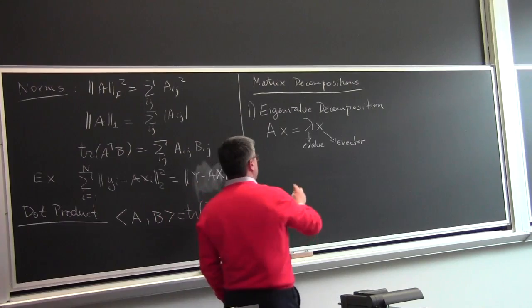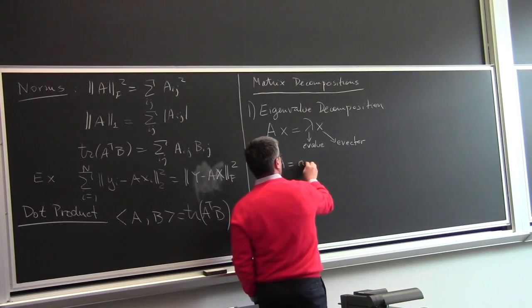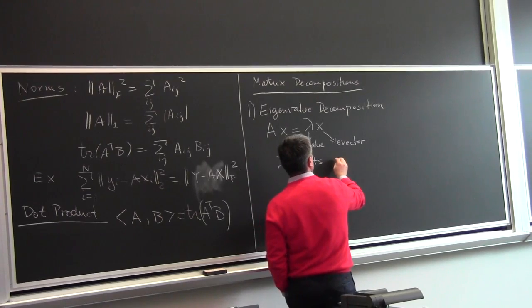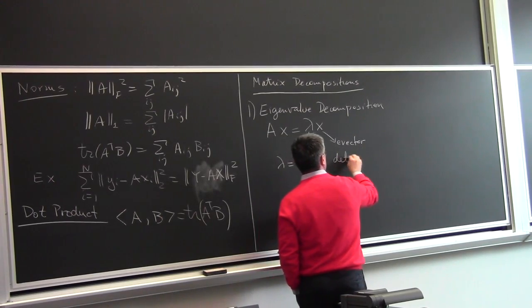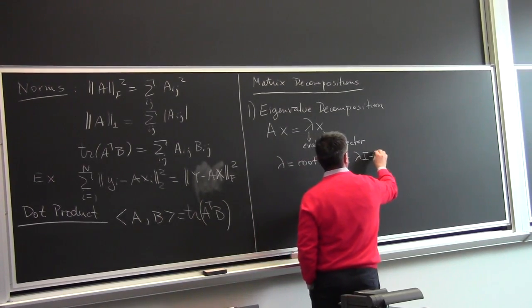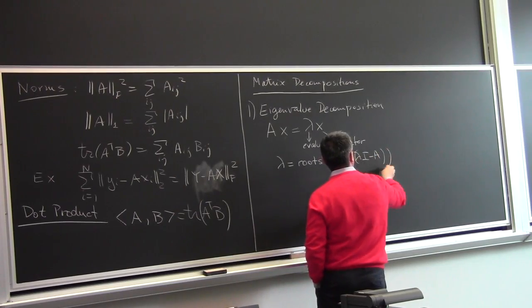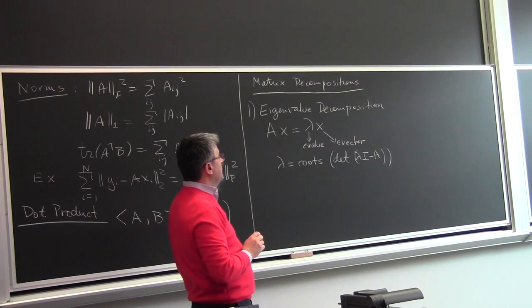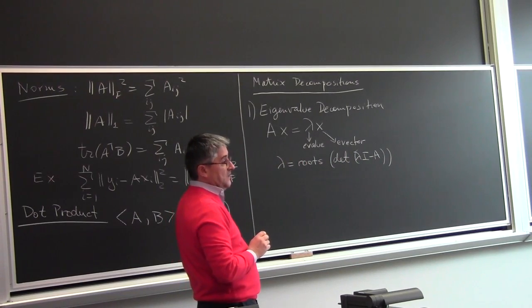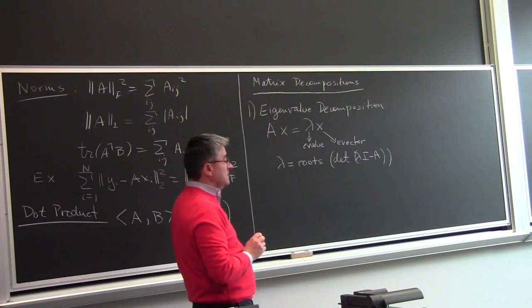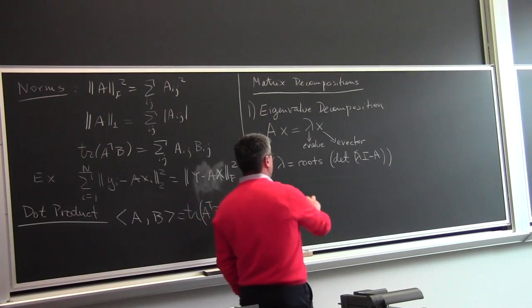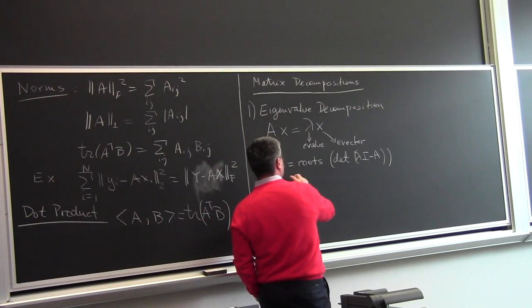And I said in the previous lecture that eigenvalues are the roots of some polynomial, which in this particular case is the determinant of lambda times the identity minus A. And as a consequence, because the determinant of an n by n matrix is a polynomial of degree n, there are n roots. And so typically what we have is n such eigenvalues.